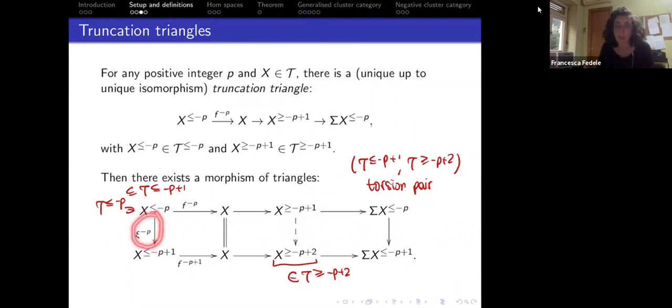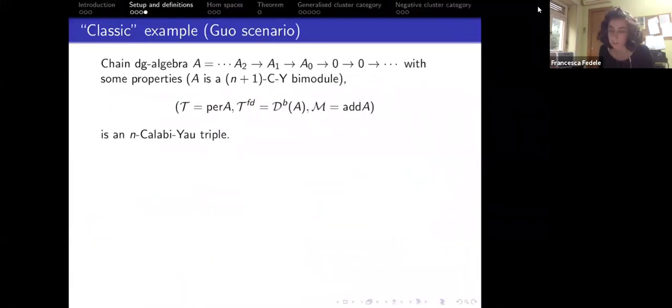And we will actually use this psi minus P to form our inverse system that we will use later on. But before doing that, I just wanted to point out what happens in the classic example, so the one in the Amiot and Guo setup. So we have this chain DG algebra with some extra properties.